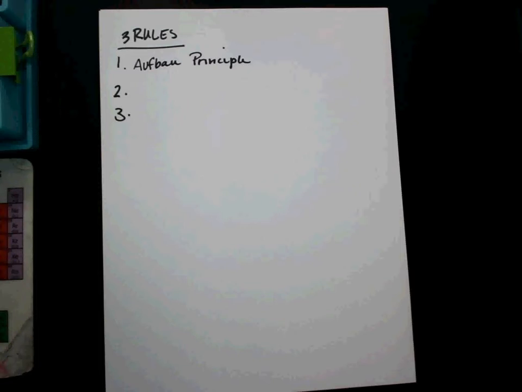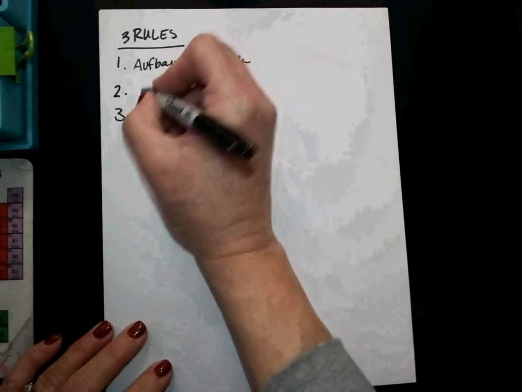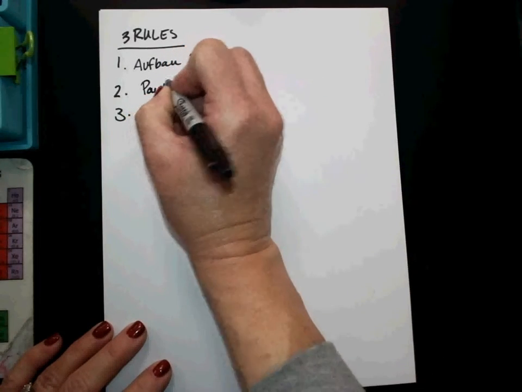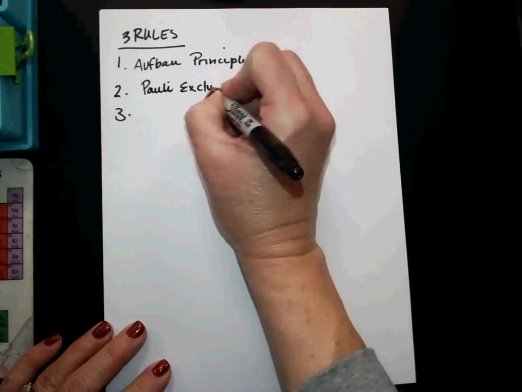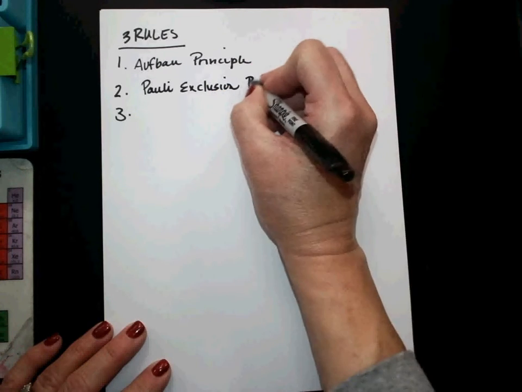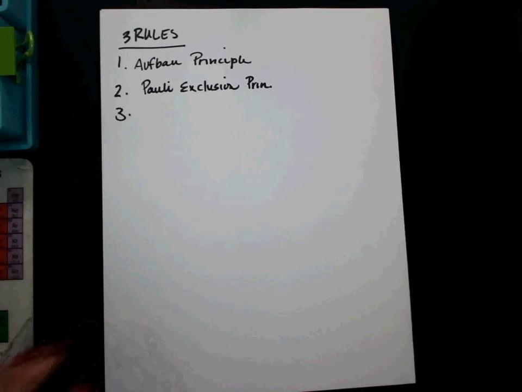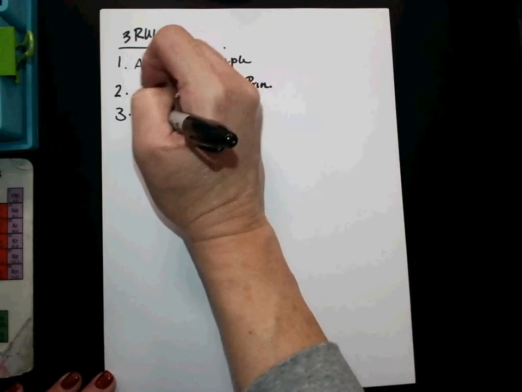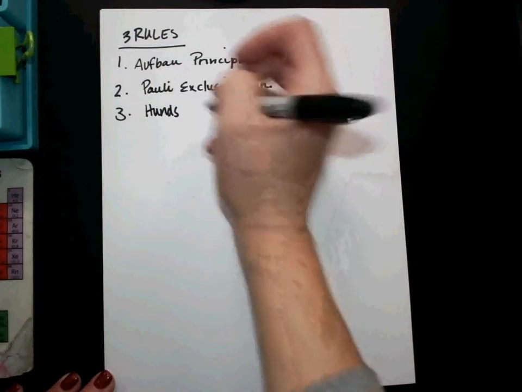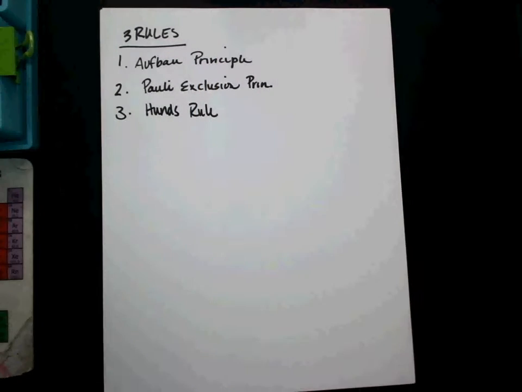Thank you. All right, what's the second one, Wes? Okay, Pauli exclusion principle. Who's got number 3? Oh, Hund's rule. So let's talk about these and shorten them just a little bit.